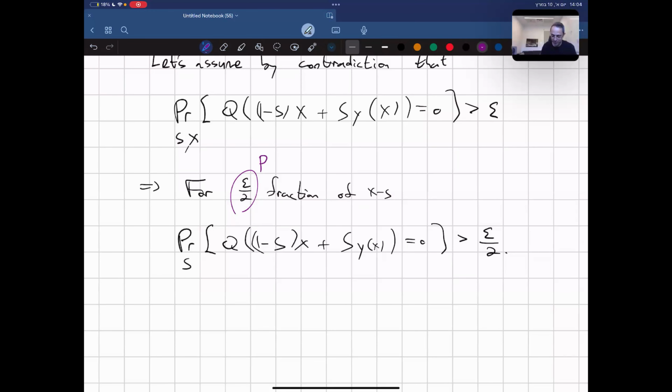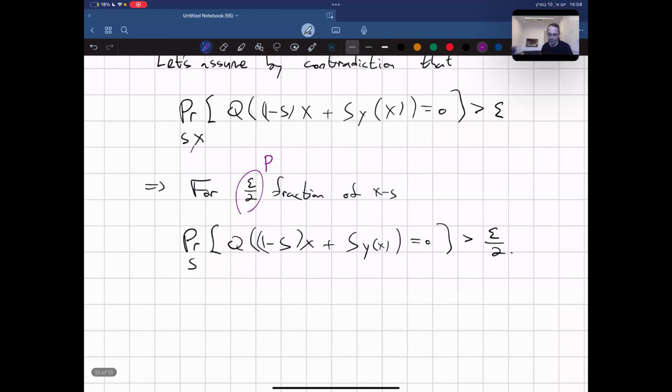P fraction of the x's could get you 1, but the rest can get you at most epsilon over 2. And you know that the total is at least epsilon by the assumption here. So from here you can see that P must be at least epsilon over 2. You can just move things around, even slightly larger, but never mind that, it's not really important. I'm just going to erase it.